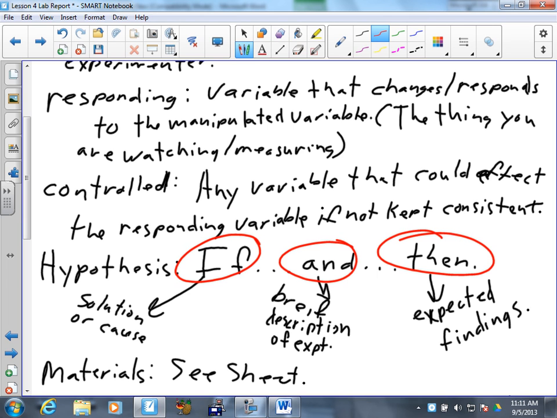Here's what the relationship is, here's what I'm going to do, these are the results if I'm right. Okay? A hypothesis always goes in that order. Here's what I think the relationship is, here's what I'm going to do to test it, these are the predicted results. If I'm right, this is what I'll see. That way, when you're done the experiment, your conclusion is easy. I predicted these results.